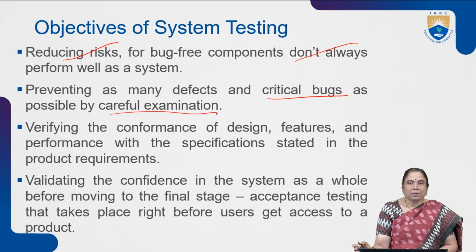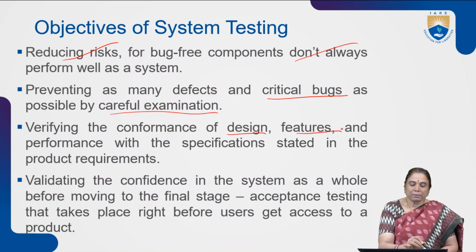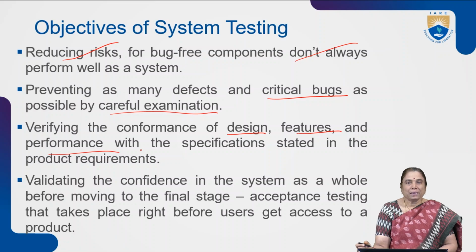So, verifying the conformance of design, features and performance with the specification stated in the product requirements. In the requirements, not only the functionality, but security testing, performance testing, and recovery testing can also be done in case of system testing.